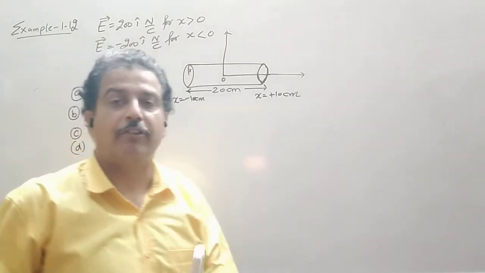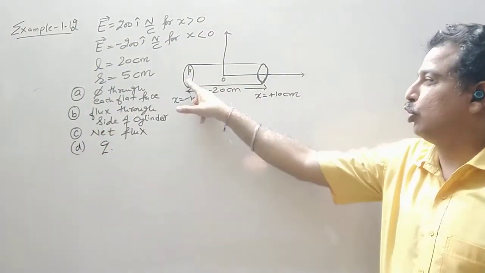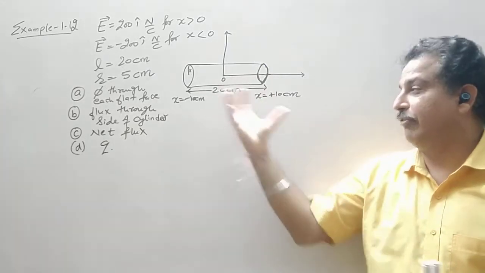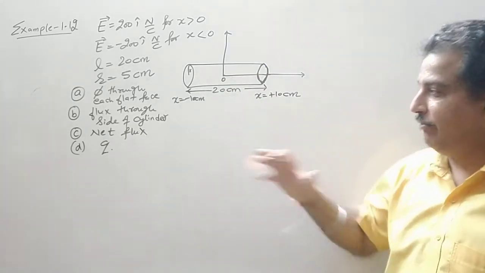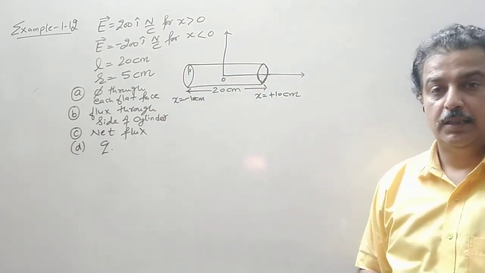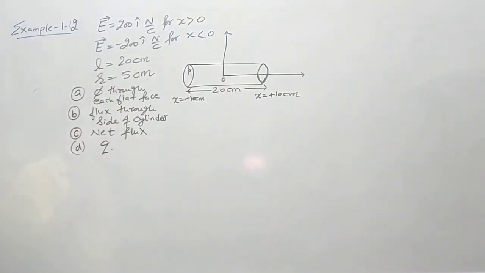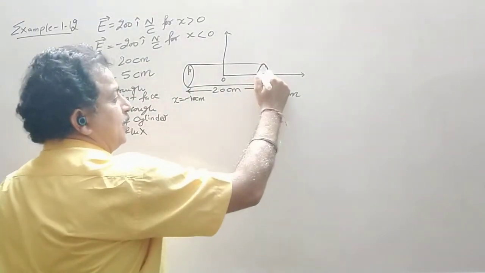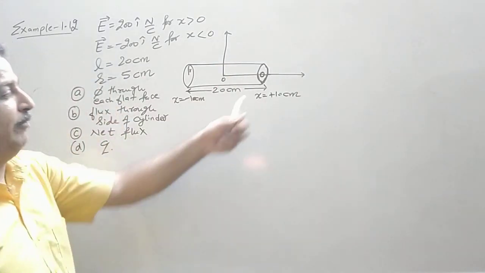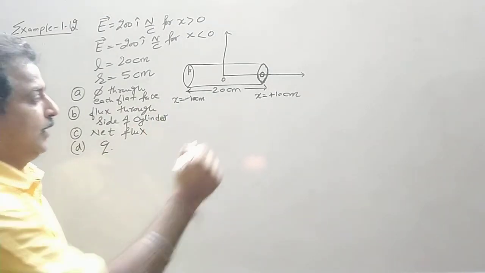Here the flat surface means we know the cylinder has three parts, two cross sections, and one is called a curved surface of a cylinder. Here flat face means these two cross sections. Now for these two cross sections, we have two area vectors. This will be referred to as a right face, or say phi 2, phi 1, any symbol you can give.